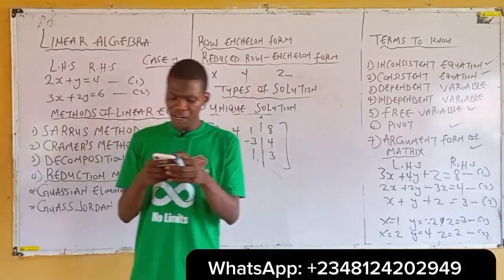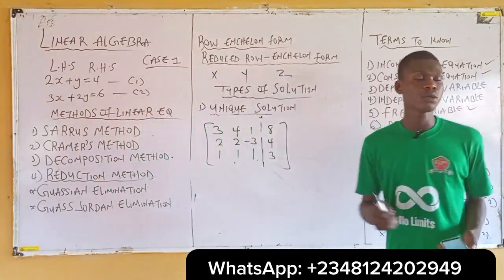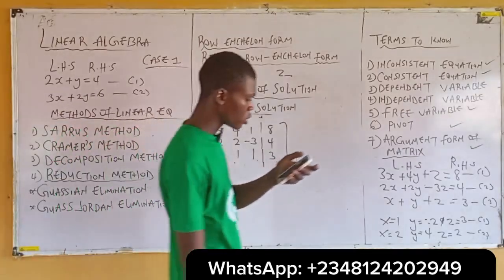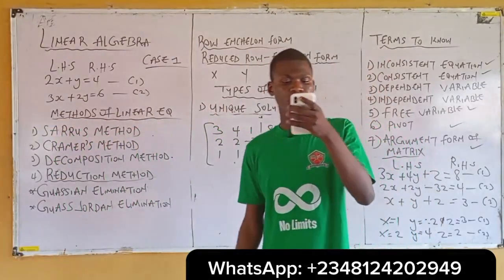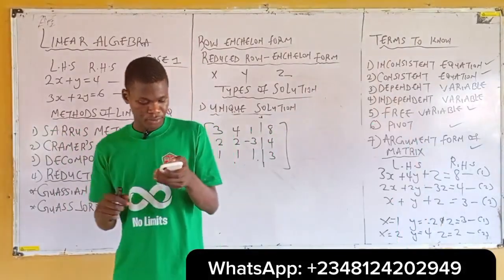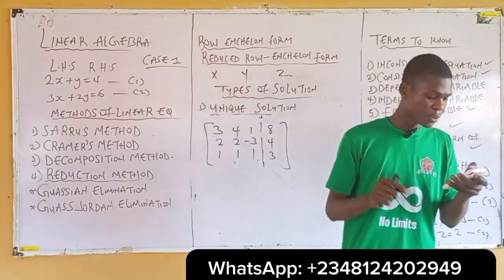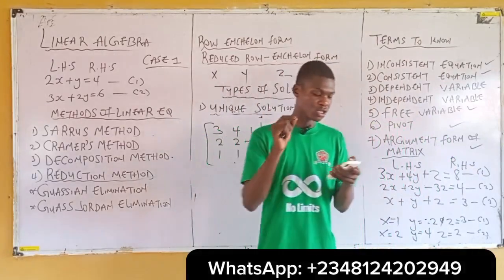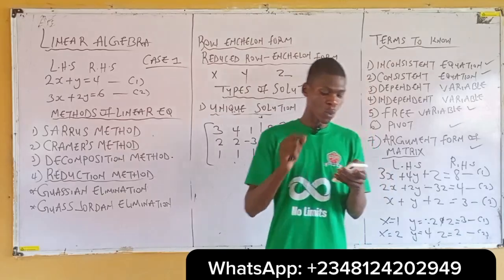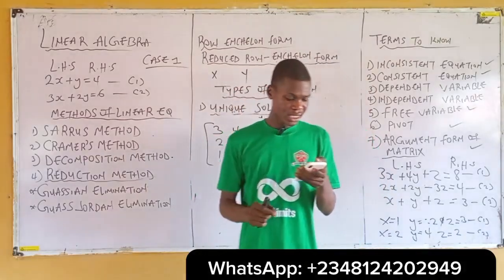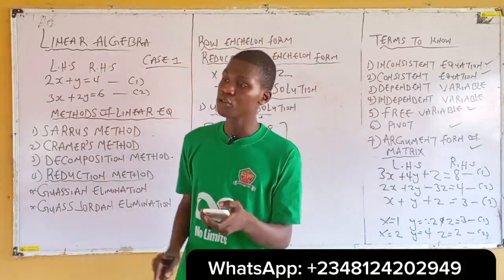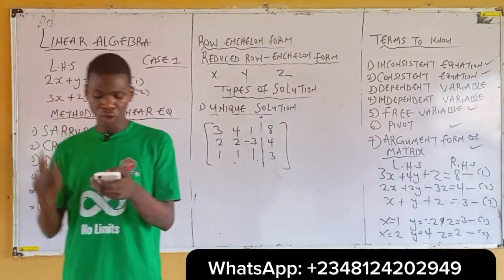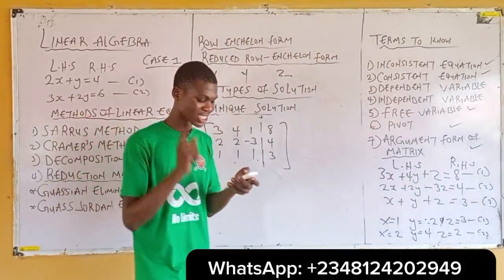Dependent variable, when the variable is restricted. Dependent variable means that the variable is restricted, that is, only a set of unknown values of the variable can satisfy the equation.